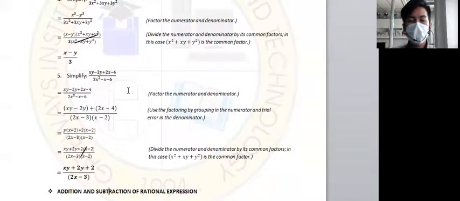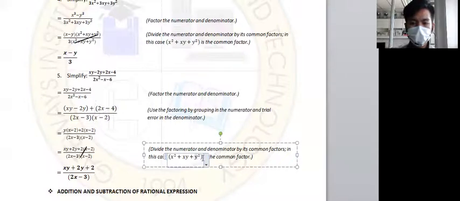We need to factor the denominator. So, factor of 2x squared minus x minus 6 is equal to 2x minus 3 multiplied by the quantity x minus 2. So, we need to divide the common factor, which is x minus 2.